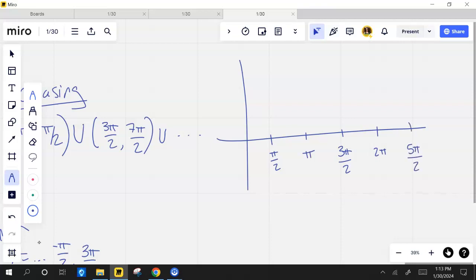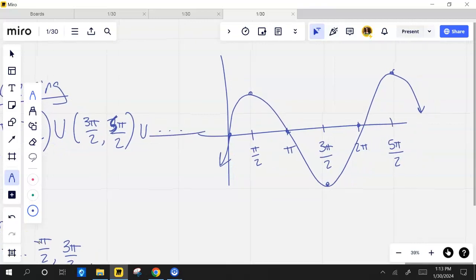That might have been supposed to be 5. You might have been right to start with. Let me look at it. Yeah, this is a 5. Sorry. This would keep right on. Kind of, yeah.